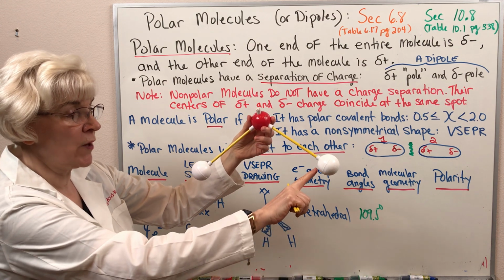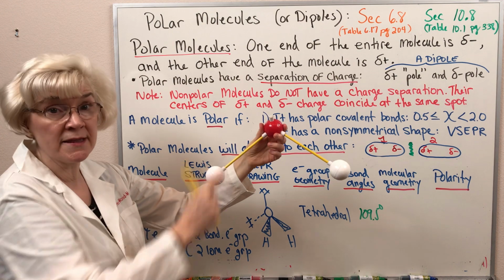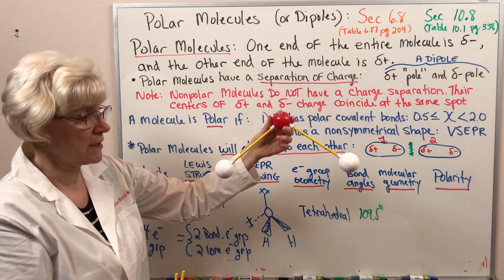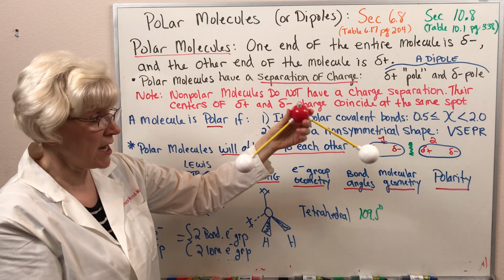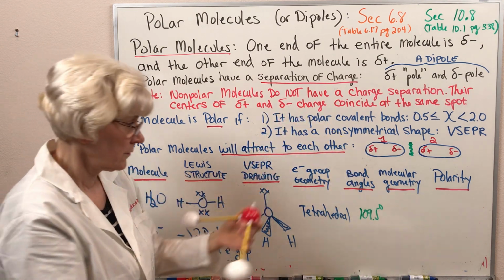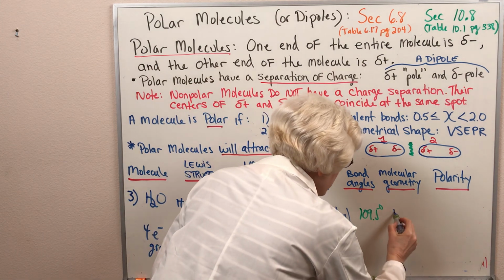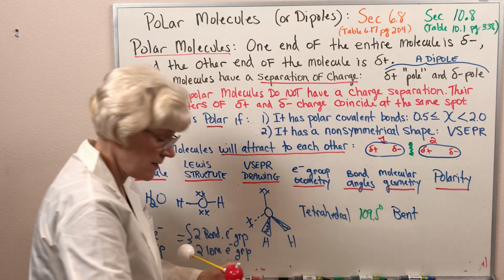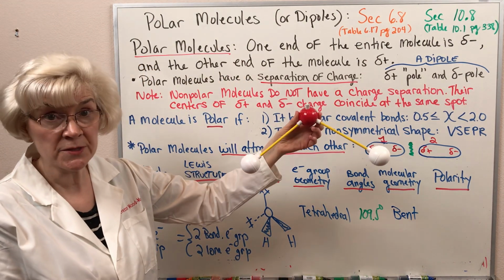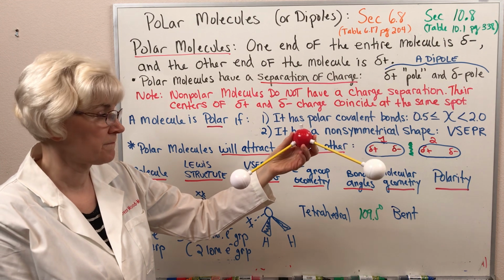Instead, you would see a point where the nucleus of this hydrogen and this oxygen are located. And what descriptive term do we give to the shape of the molecule? Well, you can see on the table that we give the term bent for the molecular shape, which is a pretty good descriptor of the actual shape of the molecule.